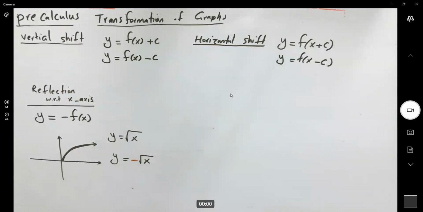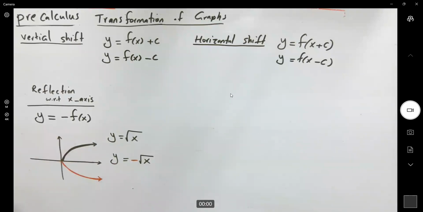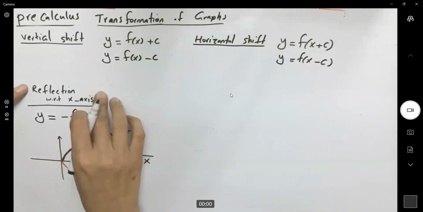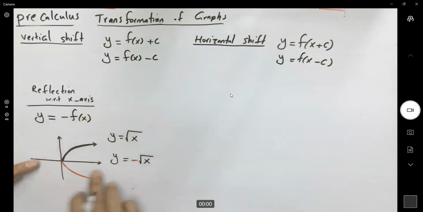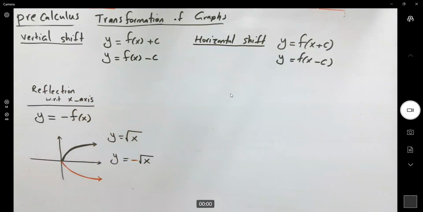I have reflection with respect to the x-axis. So multiplying your y by a negative sign gives you reflection with respect to the x-axis. This is my x-axis, my horizontal axis, and these two are mirror images of each other.